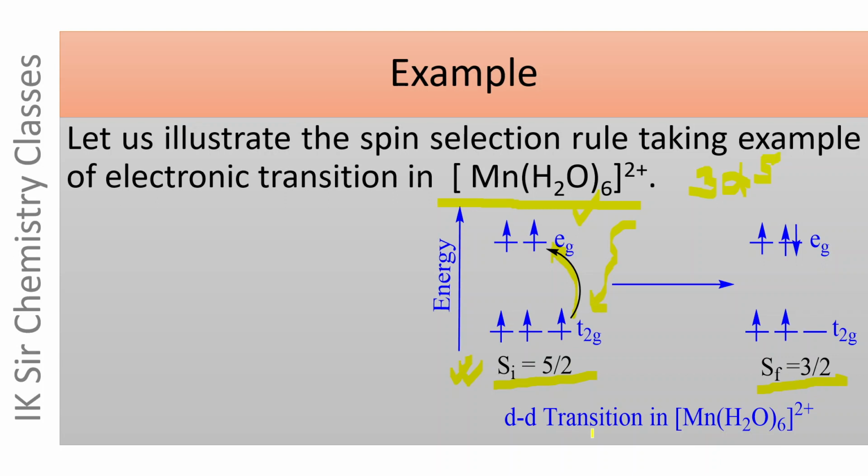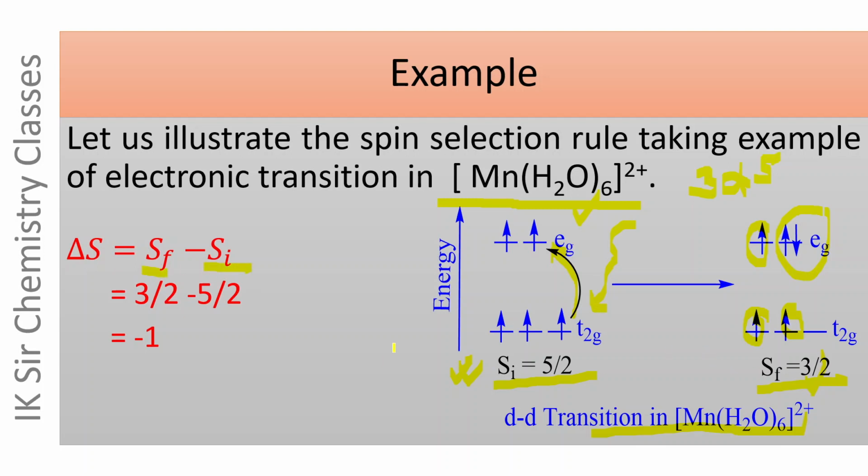This is a d-d transition in [Mn(H2O)6]2+. The number of unpaired electrons will be 1, 2, 3, and therefore the resultant spin angular momentum quantum number in the final energy state will be 3 by 2. The spins of these two paired electrons cancel each other. Let us calculate now delta S, S final minus S initial.